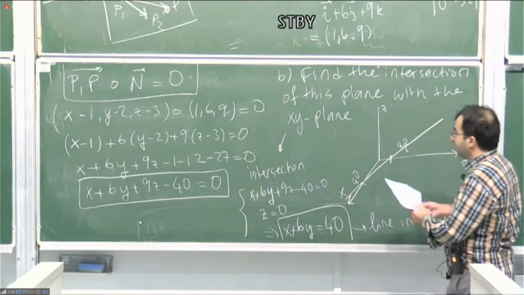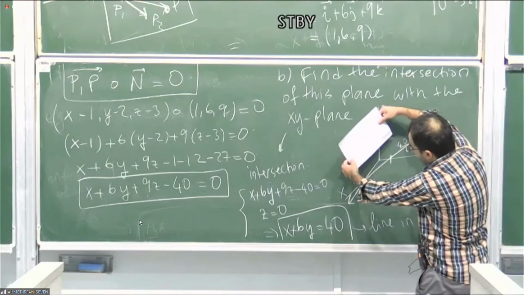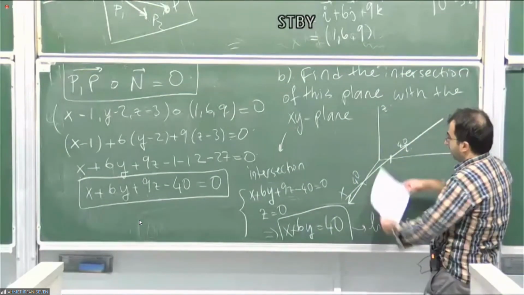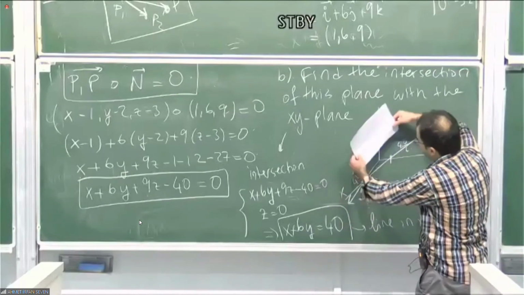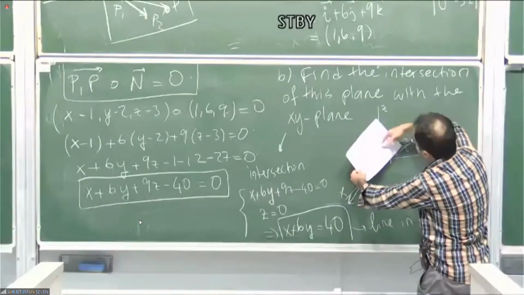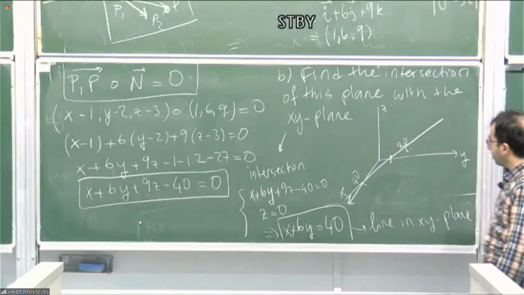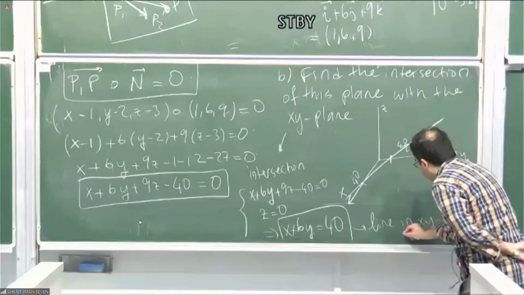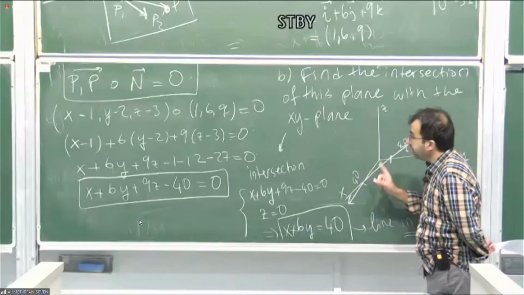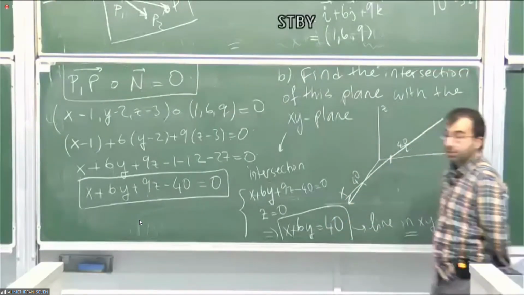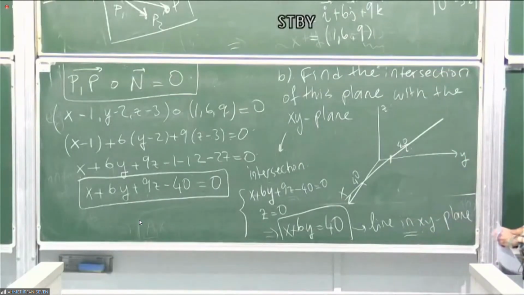So our plane will be intersecting this xy plane along this line. So it will be like that or maybe like that, depending on this normal vector. So the intersection will be a line in the xy plane, the line whose equation in the xy plane is this one.